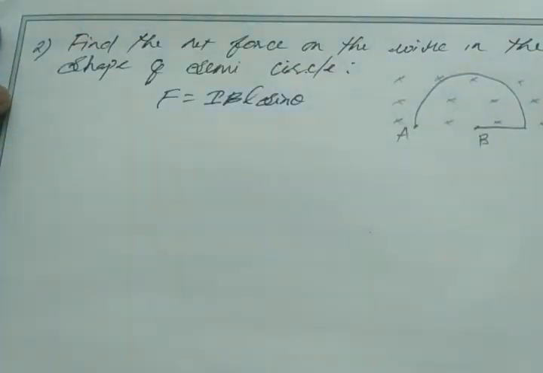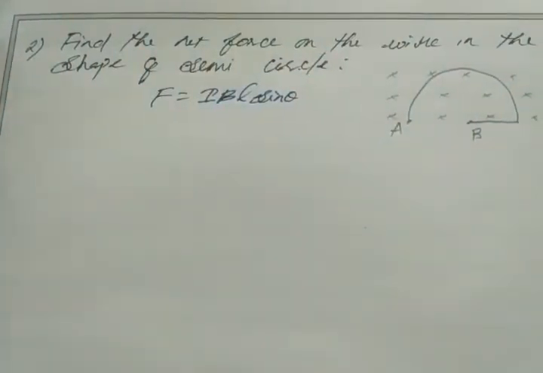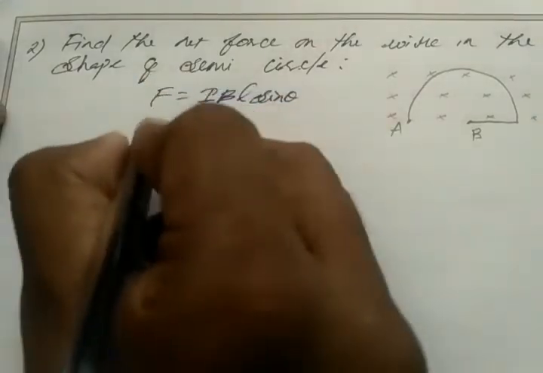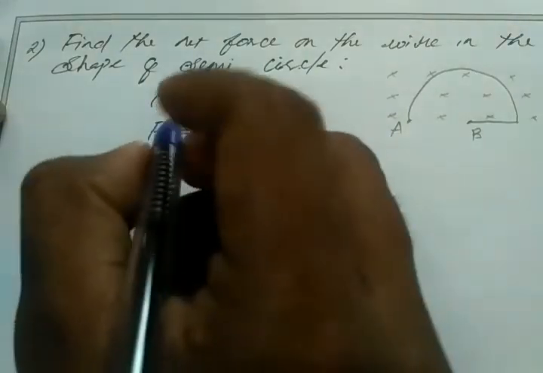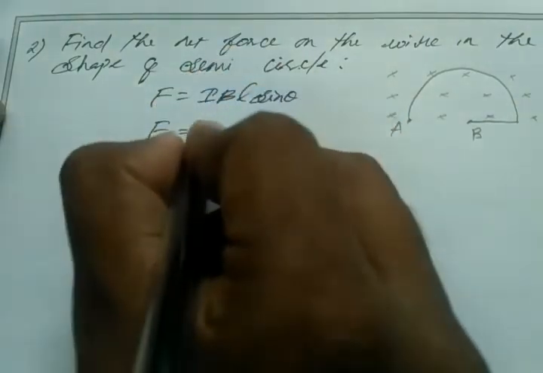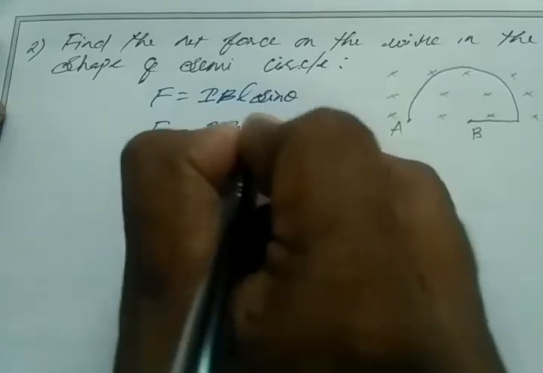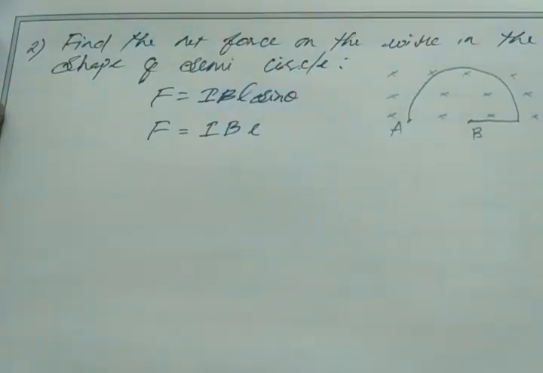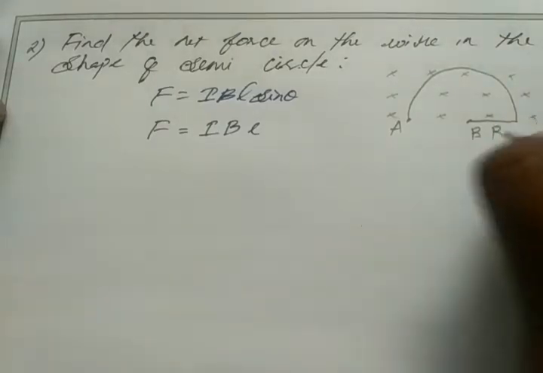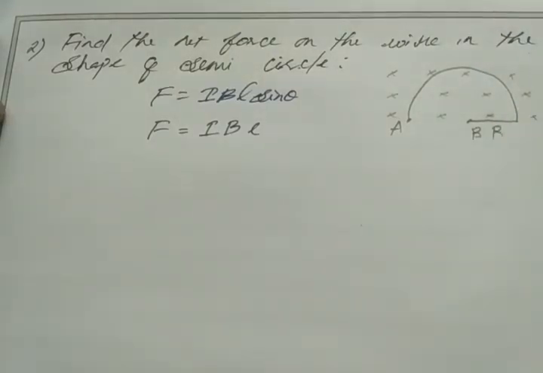Here what is theta? My wire is in the XY plane, the magnetic field is in the Z axis, so theta will be 90 degree. So I can take F equal to IBL. Here what is L? This distance is given as R, which means the radius of the circle.